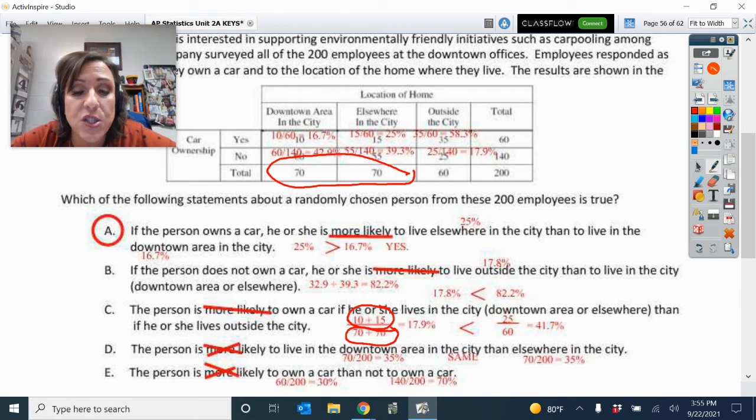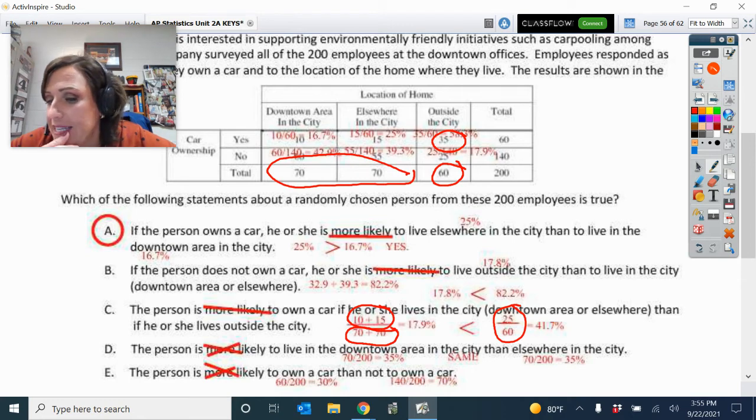So that's why I get the 25 out of 70, and that's 17.9% as compared to, let's do the owning a car, the 35 own a car out of the 60 if they live outside the city. So that should be 35 over 60.